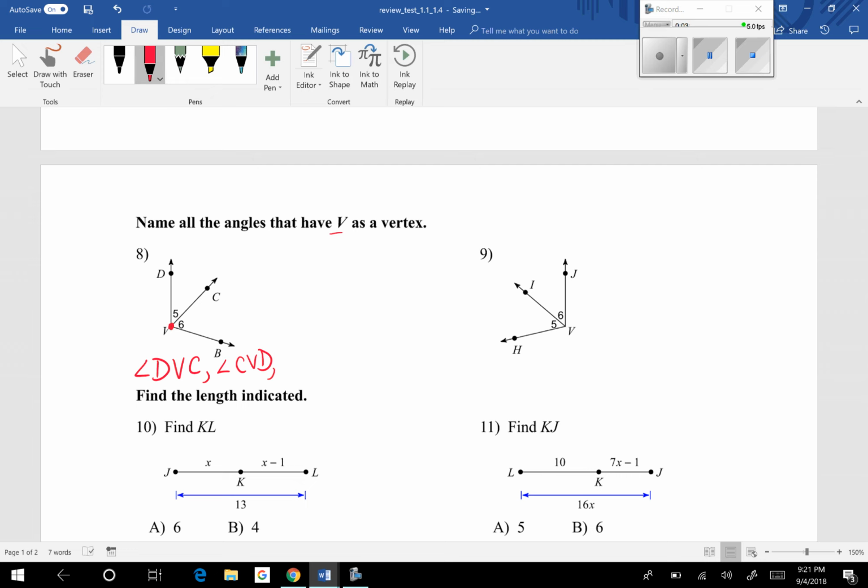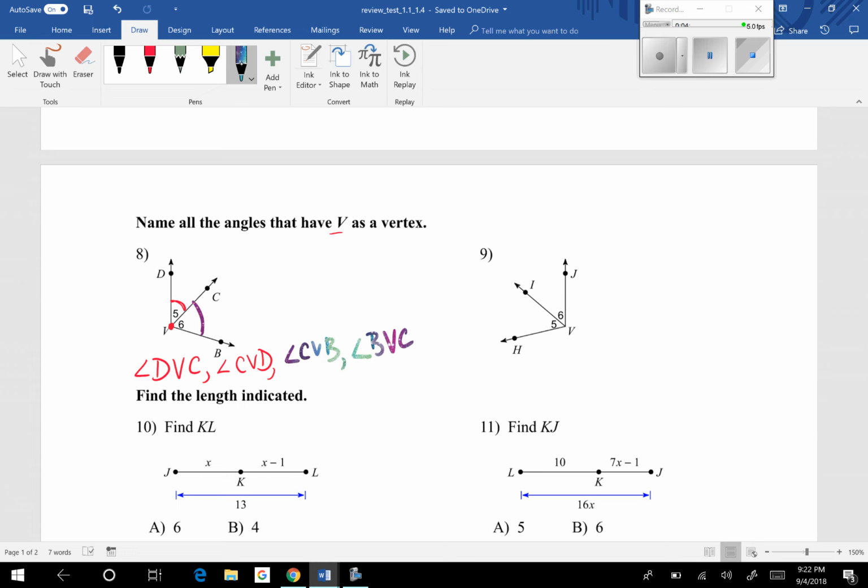And now our other angle. So let me switch pens. So I'll mark that one with red so we know that one goes with that one. Okay, and now here, this one, angle 6. We could call it angle CVB, or we could call it angle BVC. And you need to be able to explain to me why we can name it in this fashion, okay?